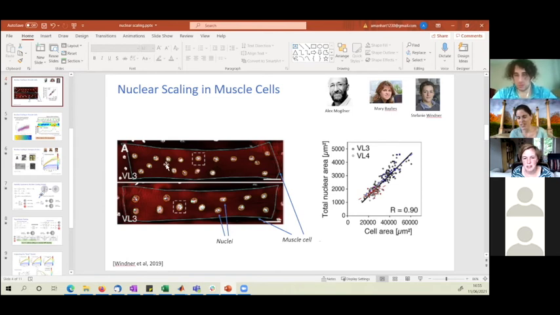And so there's probably an intermediate number of nuclei that would be good, not too many and not too few. And then you have an extra level of control to fine tune the size of the nucleus, which has to do with supplying the muscle cell with whatever it needs.